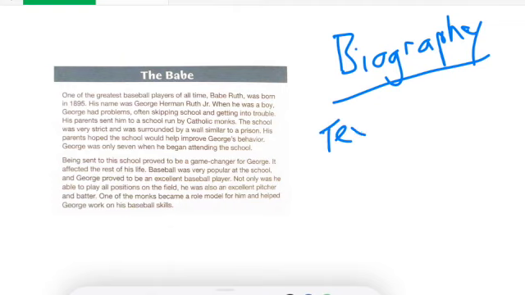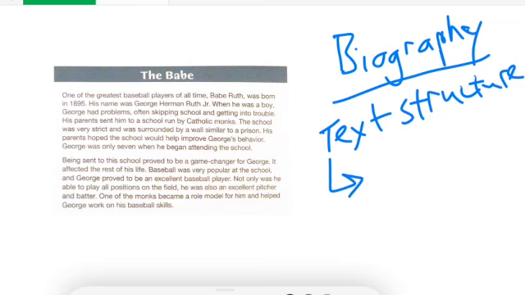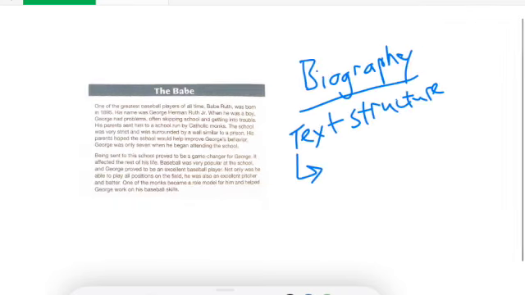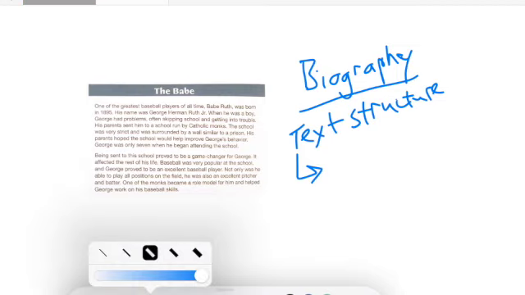That text structure is usually sequential, or chronological order. Now, the prefix chrono, C-R-O-N-O, we've talked about this before, that means time.